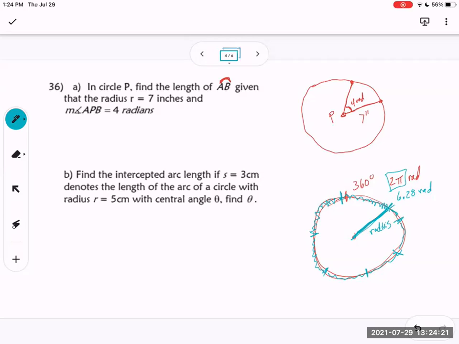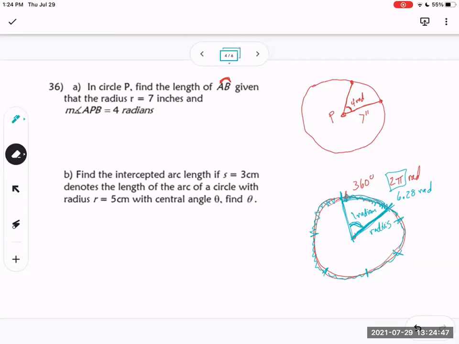That's what a radian is. So this angle is 1 radian, the angle measure where a radius is intercepted. Does that make sense? So this is 4 radians.